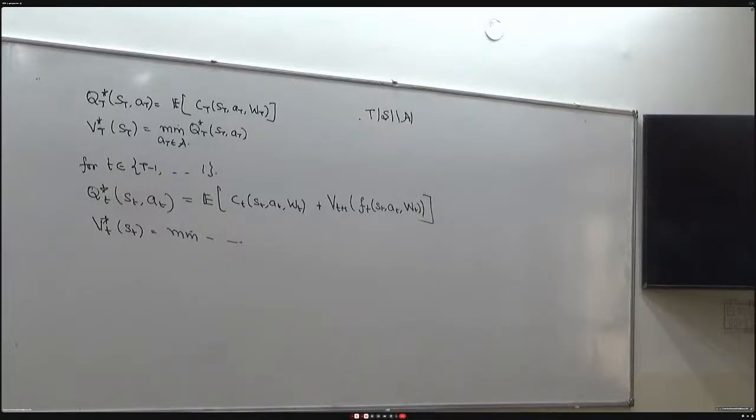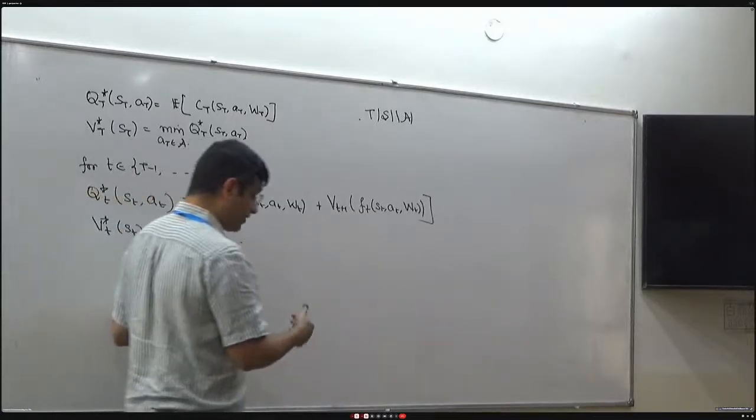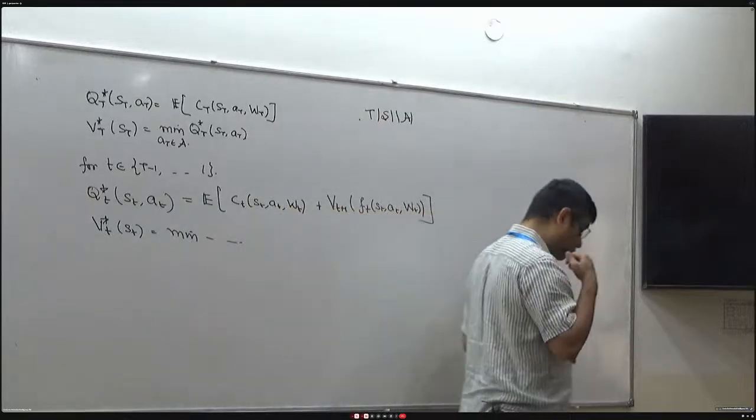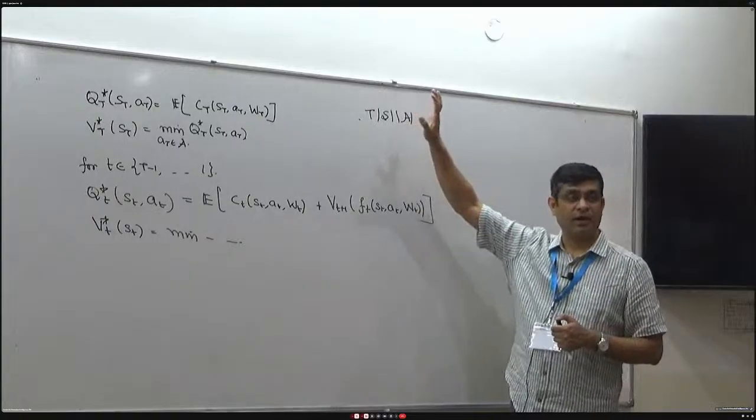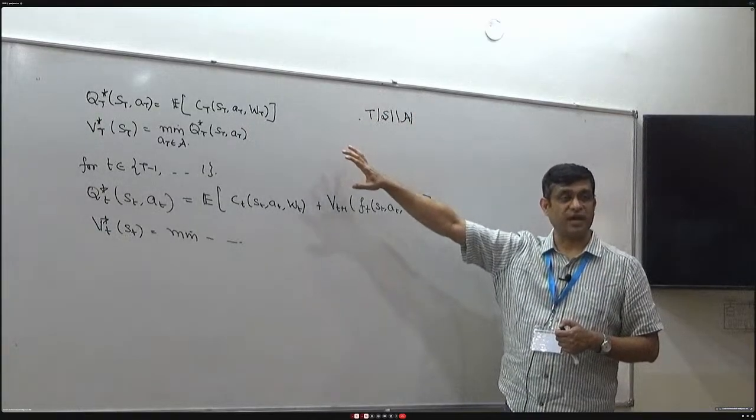And if the value function at time t plus 1 onwards did not depend on this component, then I can again invoke Blackwell and say the value function at time t should also not depend on the history. So that's going to be my proof while going backwards. This is the beauty of dynamic programming. There is just one single proof idea. I prove something for the terminal time, I do a backward induction step, and we are done.